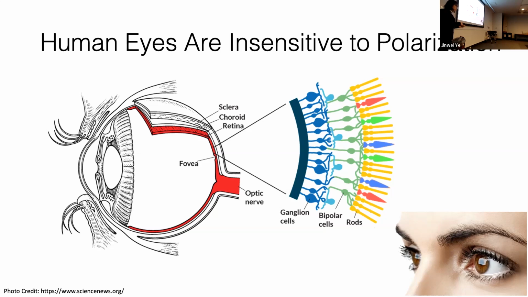This is probably also the reason why polarization is very much overlooked or underused in perception applications. In very rare cases, some people can see a yellow and blue bow-like pattern when seeing polarized light, and this is called Haidinger's brush.